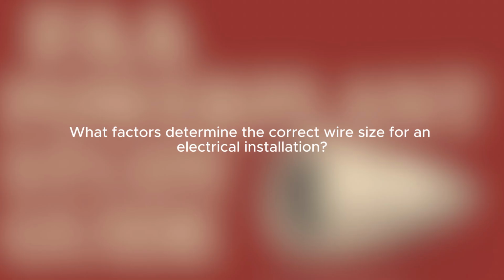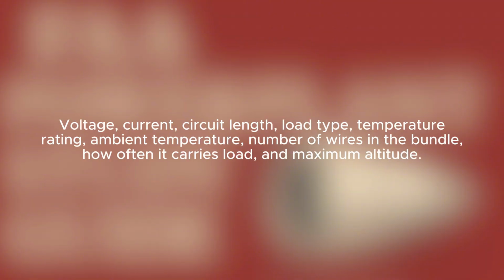What factors determine the correct wire size for an electrical installation? Voltage, current, circuit length, load type, temperature rating, ambient temperature, number of wires in the bundle, how often it carries load, and maximum altitude.